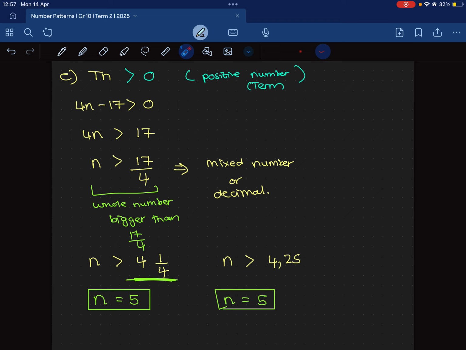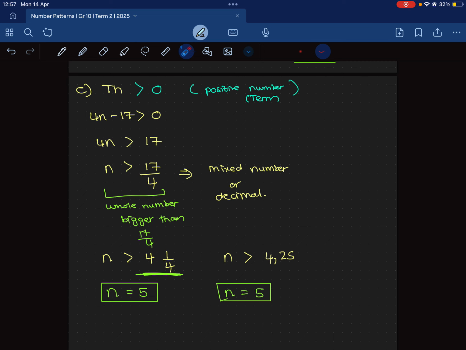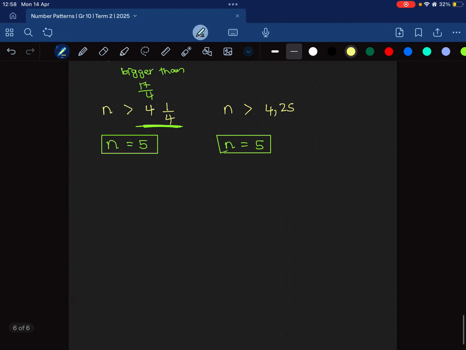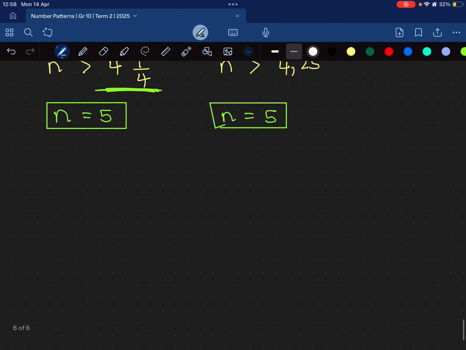Okay, so for your homework, it's going to be exercise 3.1 on page 66 in your textbook.